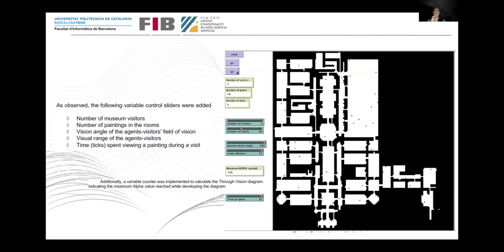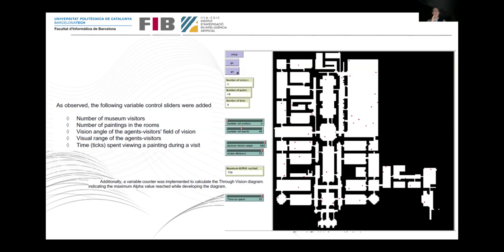We can also, if we want, change the vision angle of our agents. We can also change the vision distance of our agents. We can establish a different time to remain on a painting when an agent has reached a painting or a different attractor.